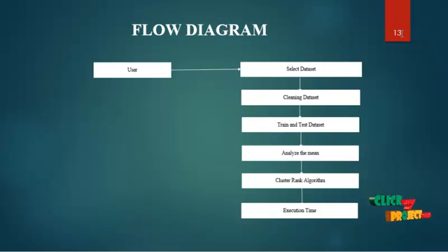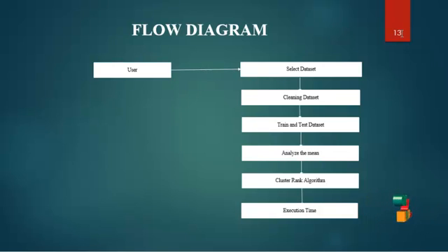Cluster run means it will cluster and rank the values of the iris dataset. So finally we are computing the execution time for the overall process. Clustering means we cluster, and it will mention the star with the rank specified.